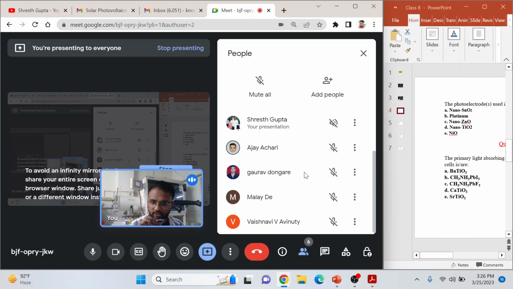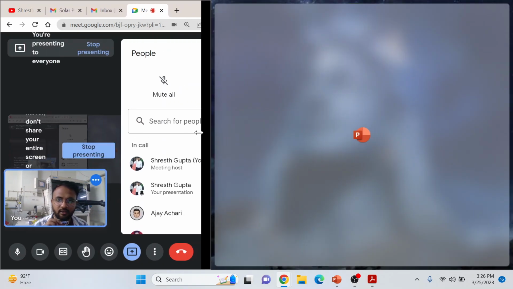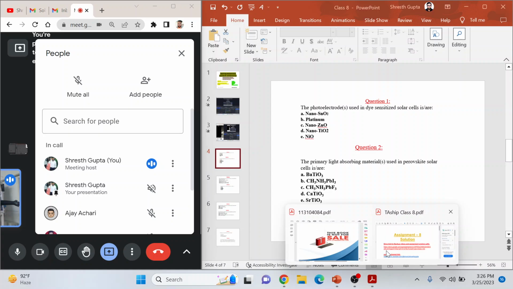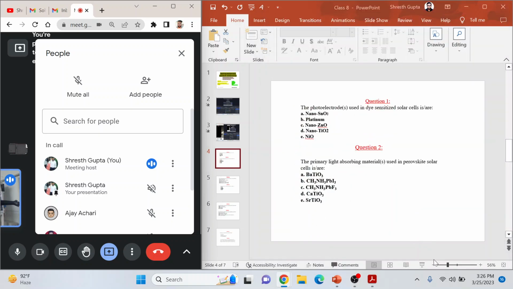Melee, Vaishnavi, Gaurav, Ajay are there. You are saying C and D, as nano ZnO and nano TiO2. We know what we need as a photoelectrode. It's a very straightforward question. So yes, the options are C and D. It is right.